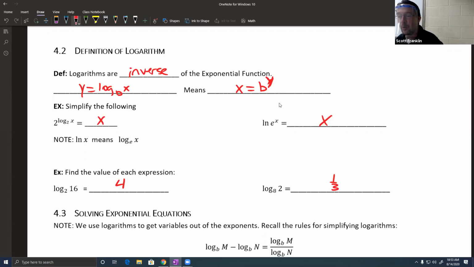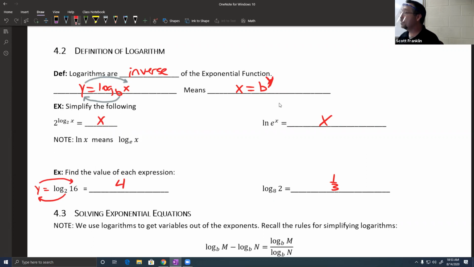So writing y equals log base b of x is the same thing as writing that the base raised to the other side is the inside of the logarithm. Okay, and that makes this problem down here easy to see why it would be 4, because you're asking, what do I have to raise 2 to in order to get to 16?